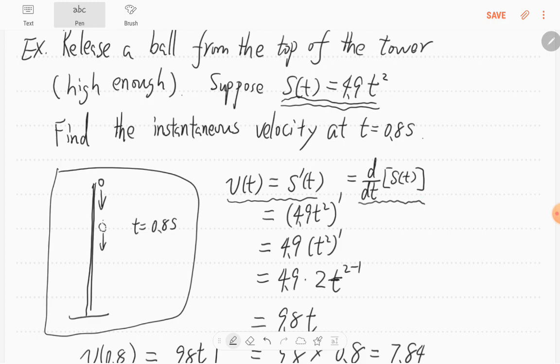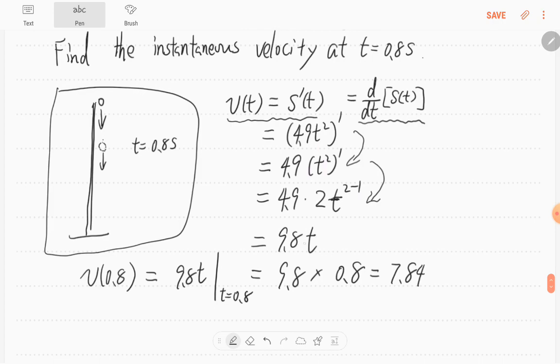So we plug in 4.9 t squared, take the derivative, then we use the scalar multiplication rule. We bring out 4.9, so you get 4.9 times the derivative of t squared. Then we use the power rule, right? We bring down the 2, then subtract 1 to get a new power. So at last you will have 9.8 t, right? So this is the instantaneous velocity at any time t, right?